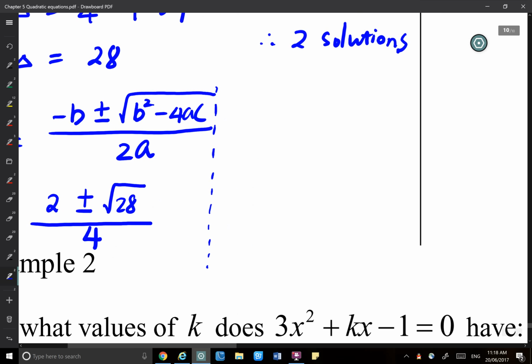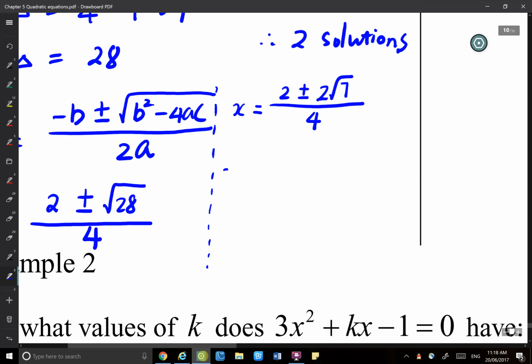Okay, what's 28? 4 times 7. So 2 plus minus 2 root 7, right? 4 times 7, take out of square root, root 4 is 2. So 2 root 7 over 4.